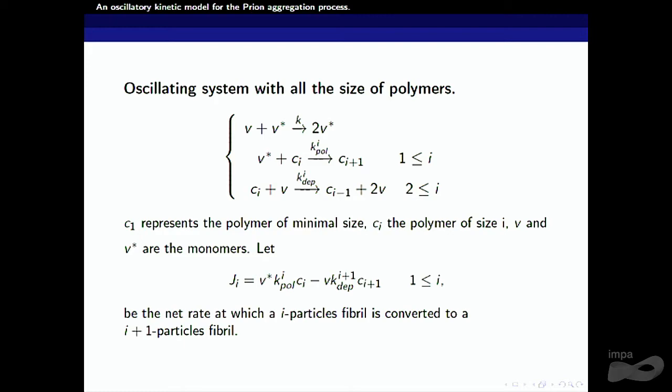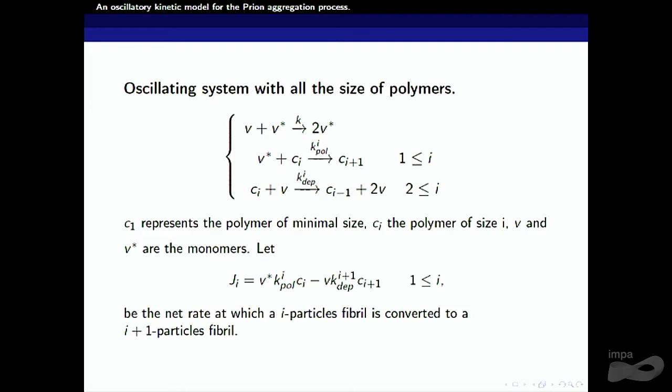So let's note first that C1 represents the polymer of minimal size. We would have said it's C0 or CJ, but C1 is not one monomer. It's just a polymer which cannot depolymerize anymore. Then we introduce the net rate at which I particle fibril is converted to I plus 1 particle fibril.